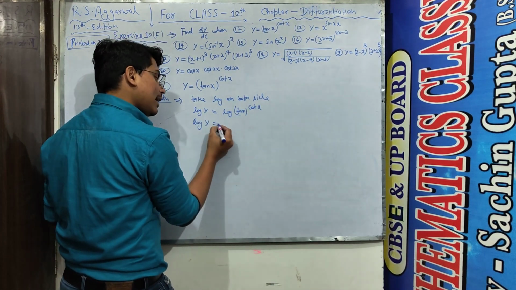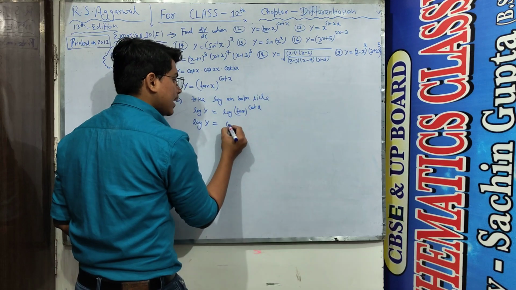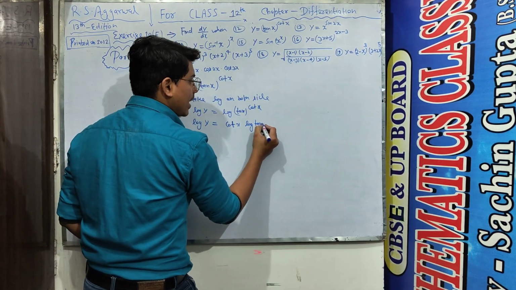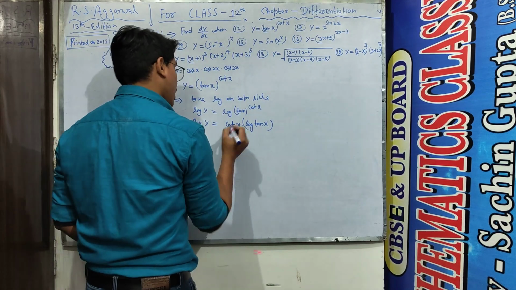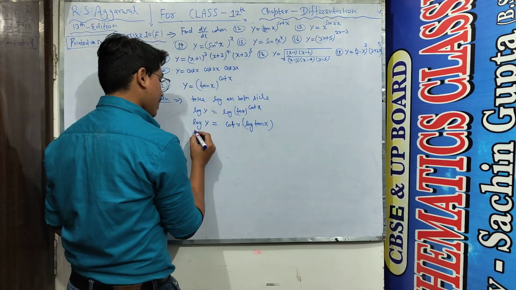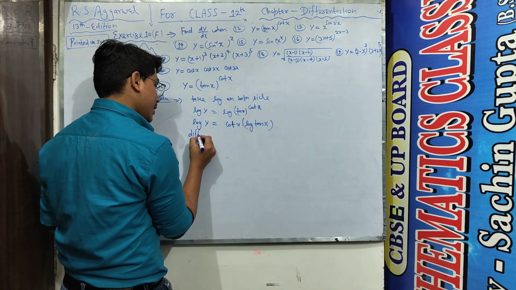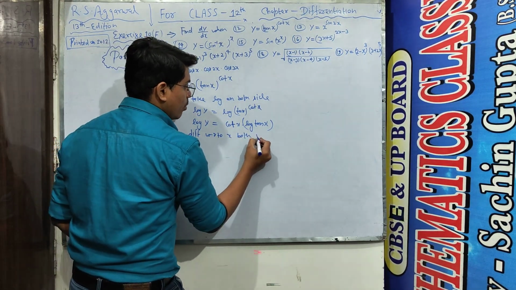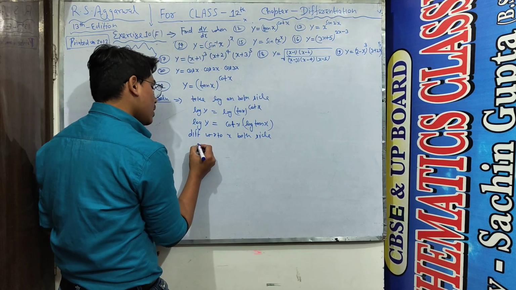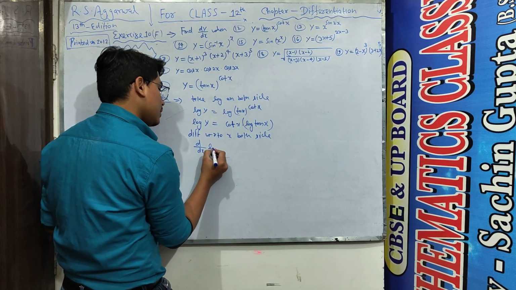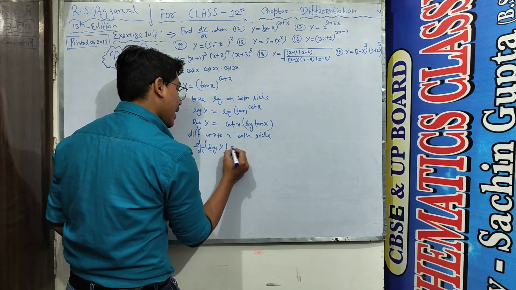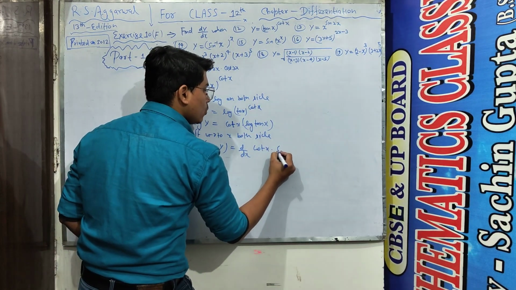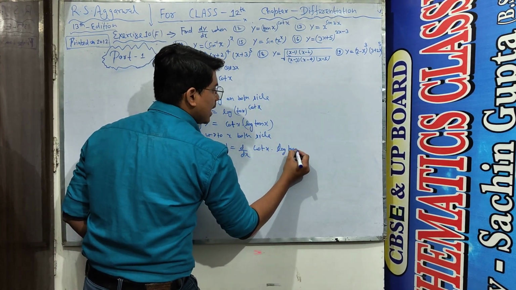Log y I write as it is, students, and this cot x comes before this log of tan x by the formula of log x raised to the power n. Now, students, we differentiate with respect to x on both sides, so I write d by dx of log y and d by dx of cot x into log of tan x.